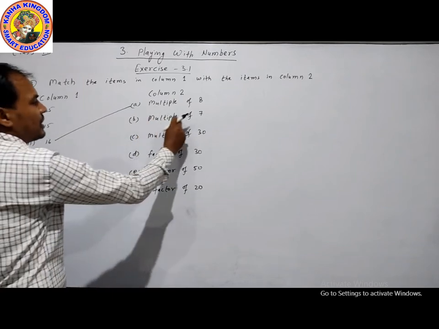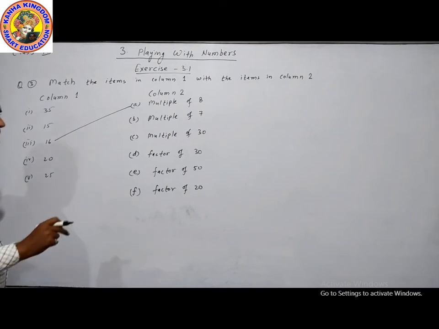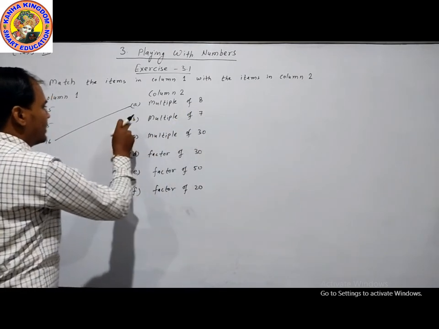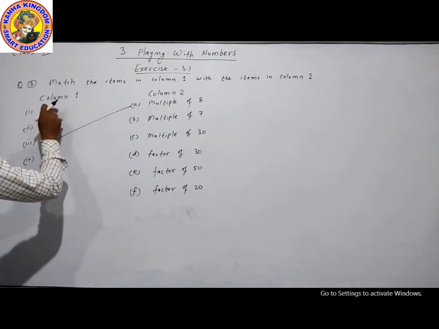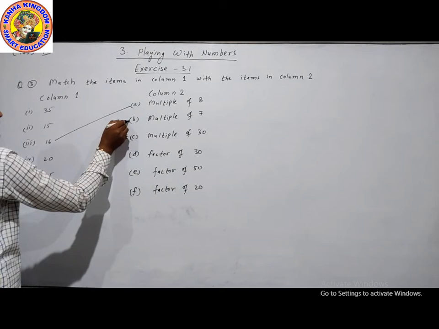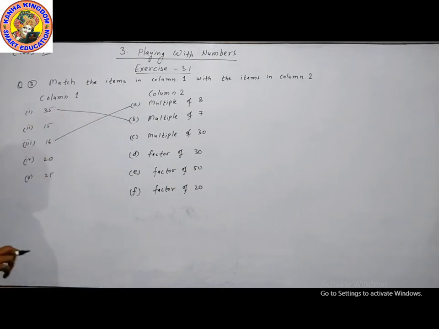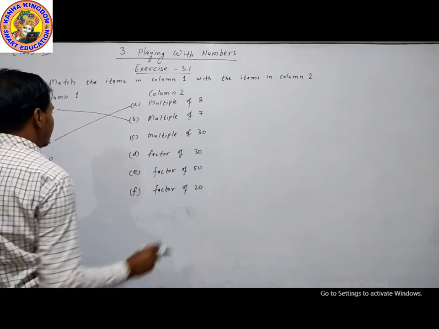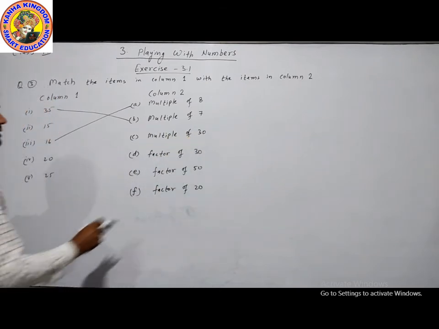Now a multiple of 7 means a number that is divided by 7. We can divide 35 by 7: 7 fives are 35. Now which number is a multiple of 30, in the table of 30?